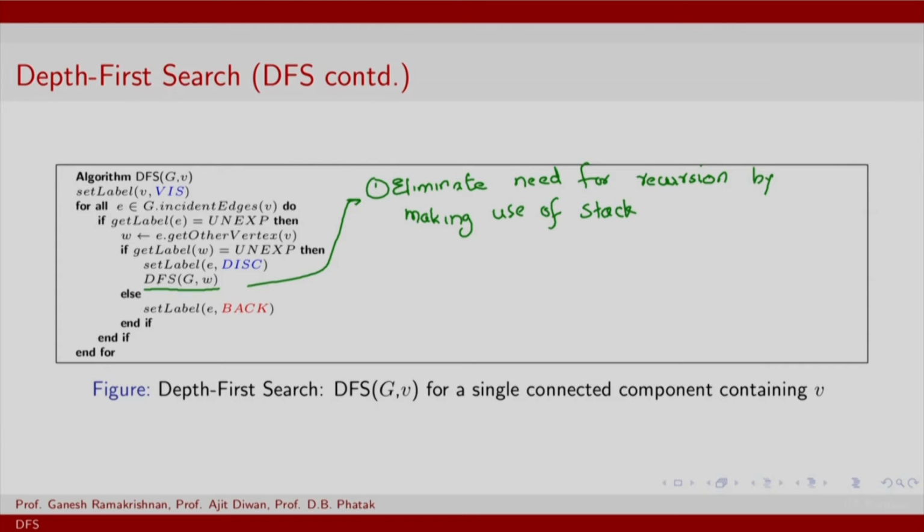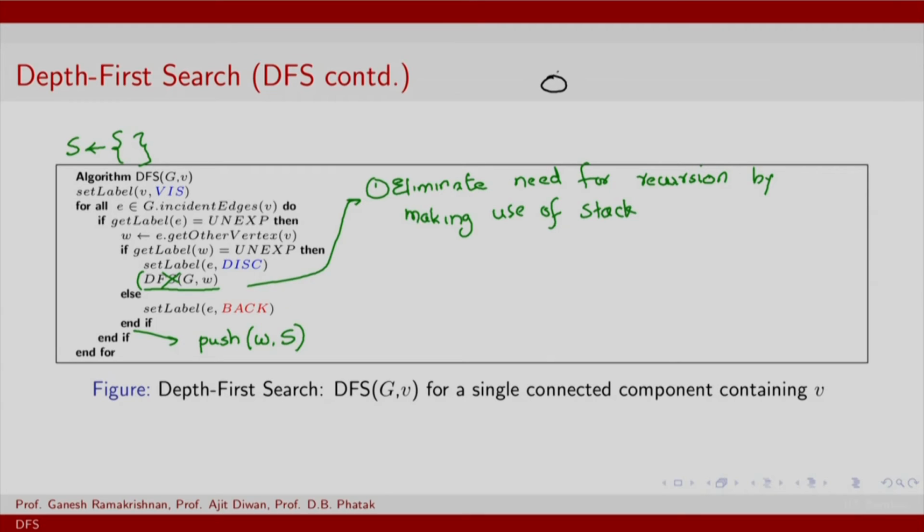So we are going to defer the DFS call here, in fact shift the DFS call to the main DFS itself. I might just do well by putting a cross here, and for this particular W I am going to insert a push W into a stack S. We will assume that S was initialized to be empty, and you are going to do this for all the E edges incident on V. What does this mean?